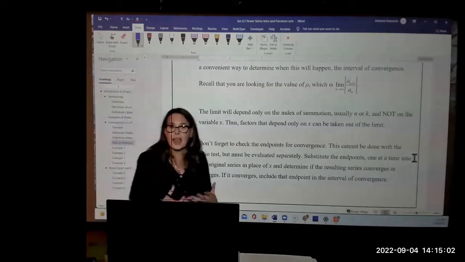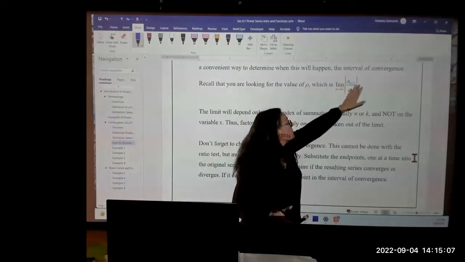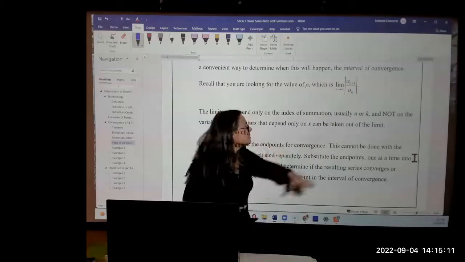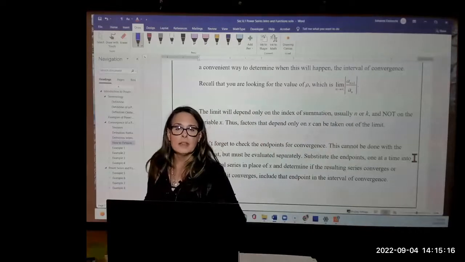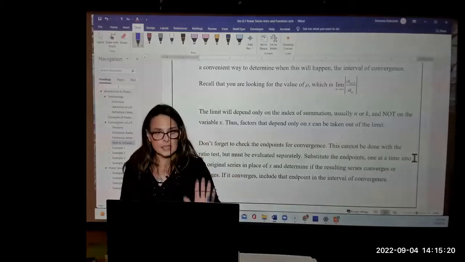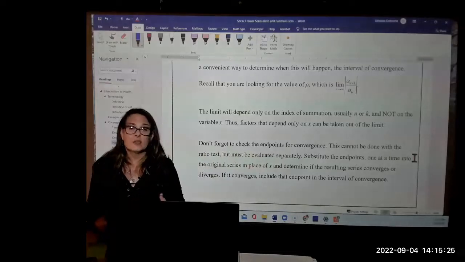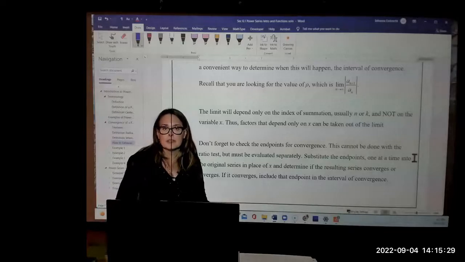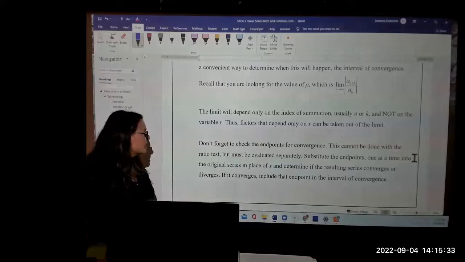So if we end up with an x squared inside of this limit multiplied by everything else, we can actually factor the x squared out of the limit, because the limit only depends on n, and x squared doesn't depend on n. Now, if it's x to the n, all bets are off, because then it does depend on n, so it can't come out of the limit. But if it's x or x squared or x cubed, it can come out of the limit because it doesn't depend upon n. So we'll see it can come out much like a constant does.